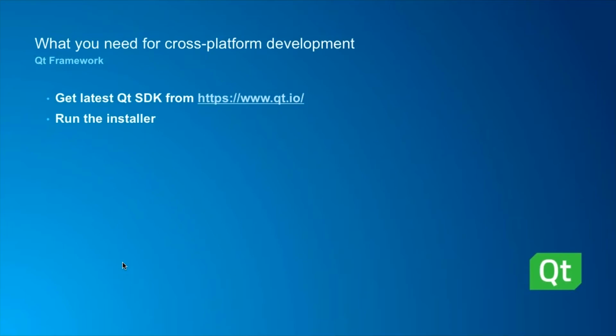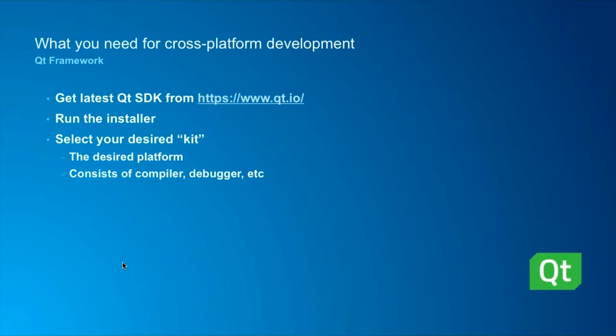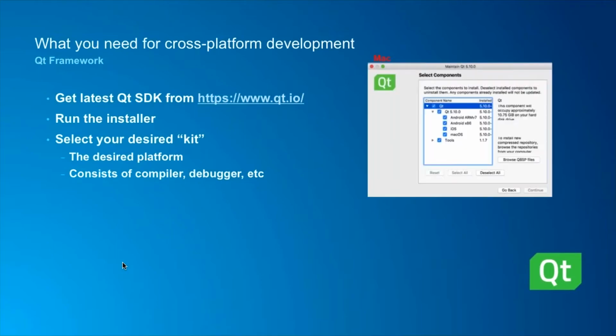Once you've downloaded the latest Qt SDK, you're going to want to run the installer. And in the installer, you'll select your desired kit. Now, the kit is Qt's way of referring to the desired platform that you want to build for. It consists of things like the compiler and the debugger. So for example, if I'm running the Mac installer, you can see here under Qt 5.10.0, we have 4 different kits available.